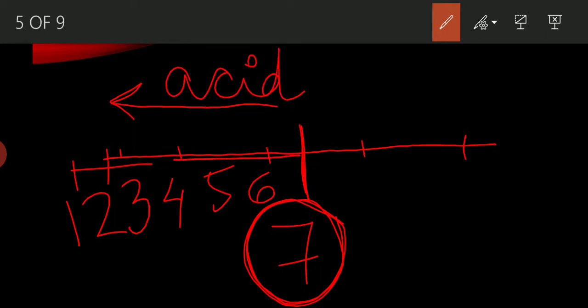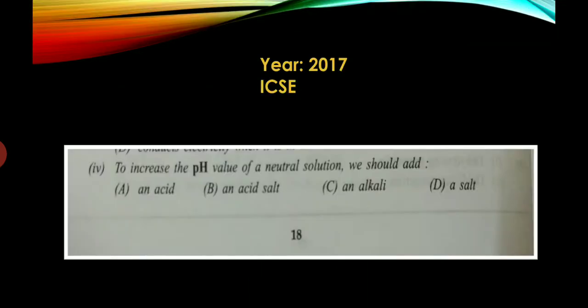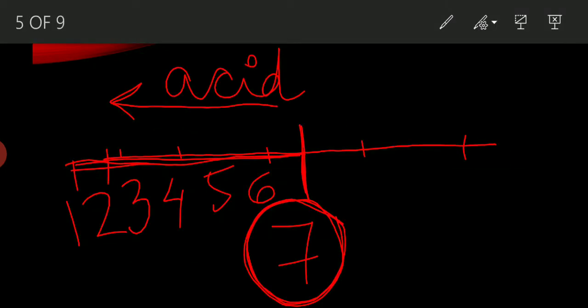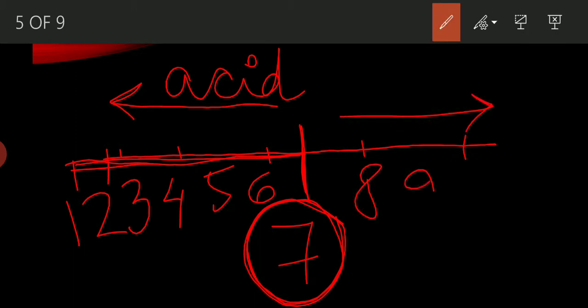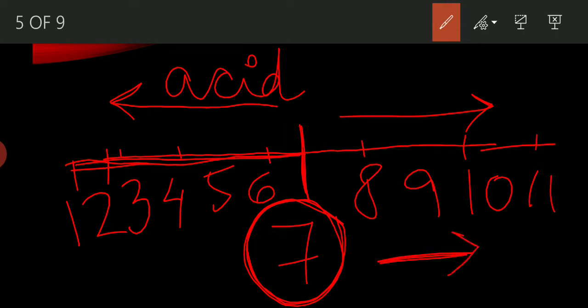So if we add an acid, then the value will keep on decreasing. But the question here is how we can increase the pH. That means we have to move towards right from the 7. 8, 9, 10, 11 and so on. So as to increase the value of the pH.